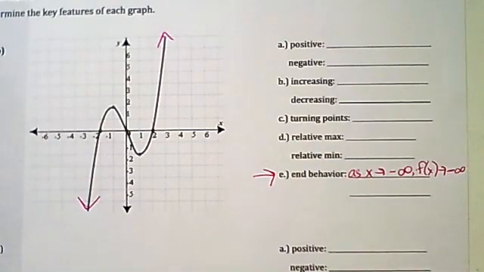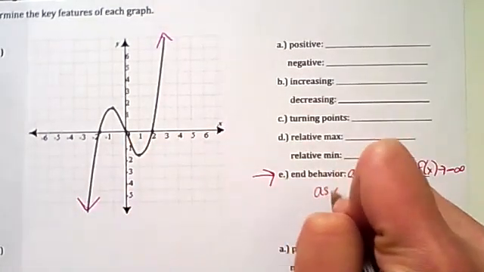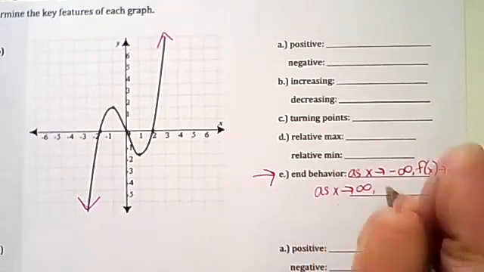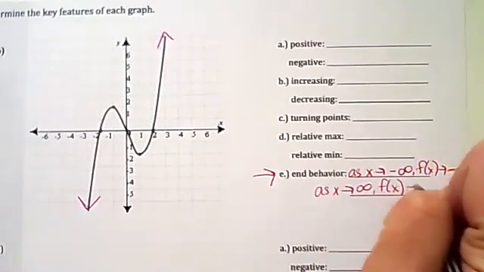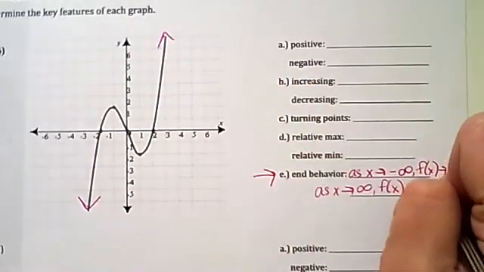So that's the first part of the end behavior. As x approaches negative infinity, f of x approaches negative infinity. Now we have to do the right side of the graph. So as x approaches positive infinity, as we move to the right, f of x goes up. So that's to positive infinity.